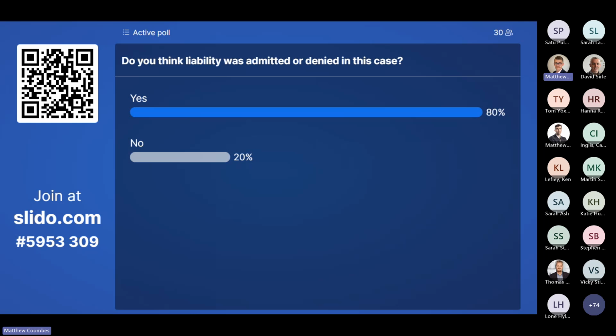Slight split in responses, but majority thinking that it was. I'll give it a few more seconds for any late entries. Okay, so about 80% think yes.